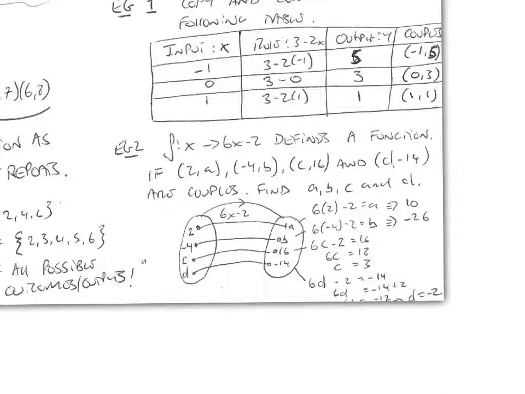Or here's another type of problem we met in this chapter. We have f colon x goes to, or maps to, 6x minus 2 defines a function. If (2, a), (-4, b), (c, 16), and (d, -14) are couples or ordered pairs as a result of applying that function, find a, b, c, and d.